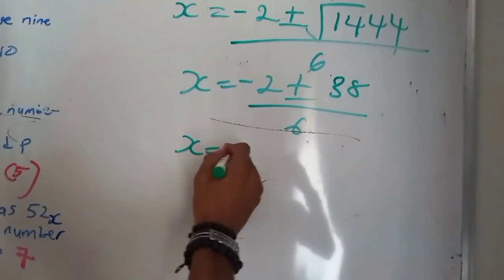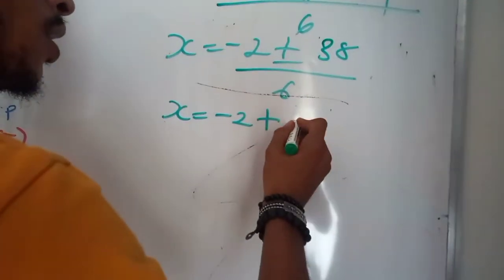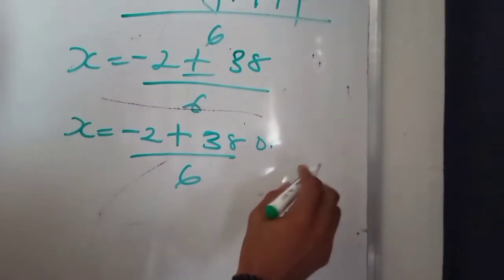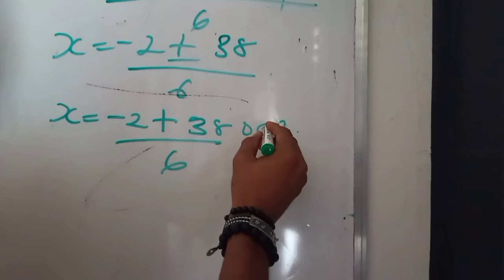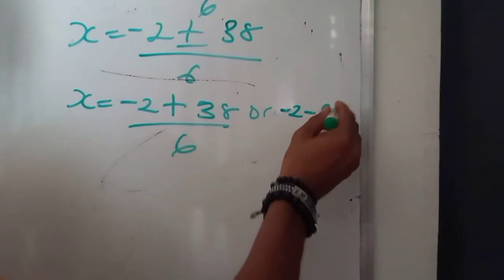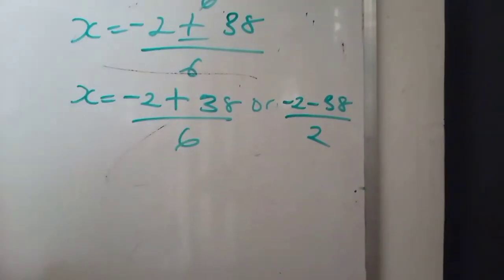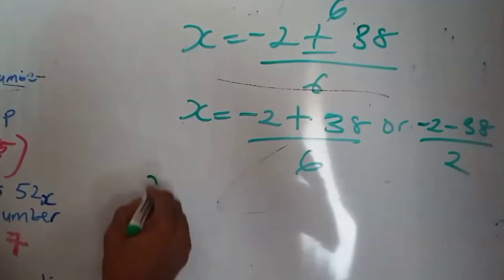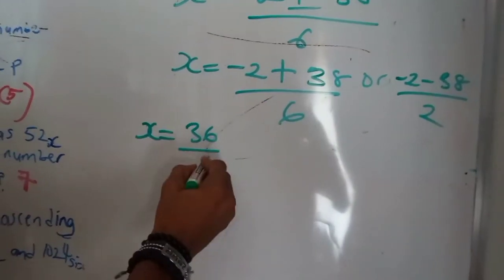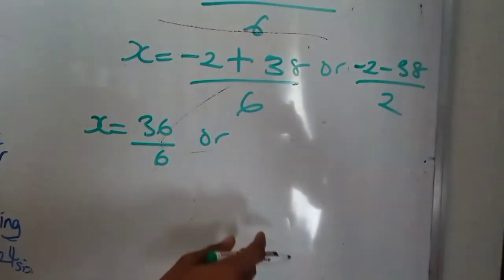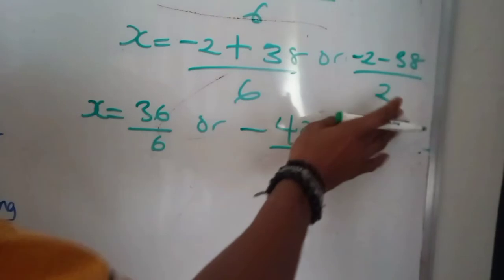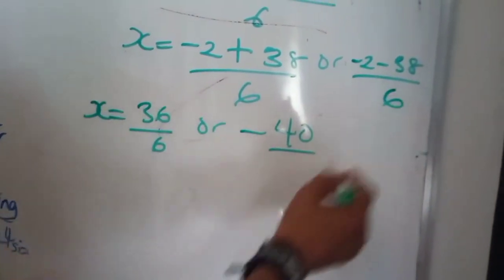This implies that x equals minus 2 plus 38, which is 36 over 6, or minus 2 minus 38, which is minus 40 over 6.